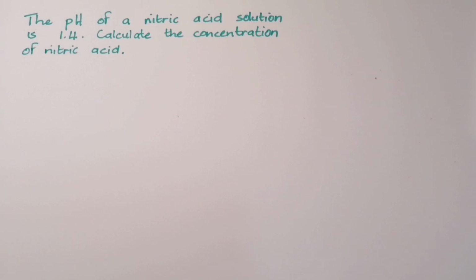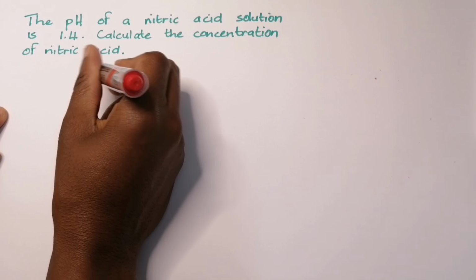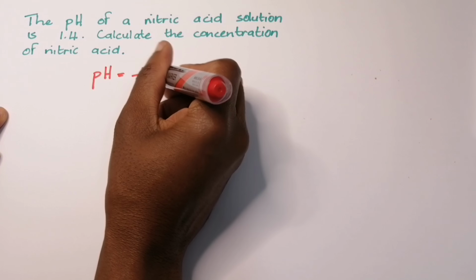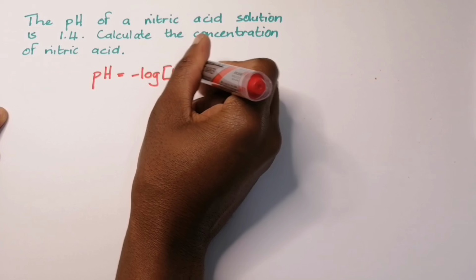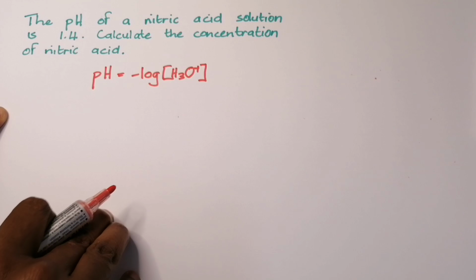So when you are given the pH and you now want to work backwards to determine the concentration, please note, we're going to start here. Obviously, our formula for pH is minus the log of our hydronium ions. And please note that hydronium ions is exactly the same as H+.